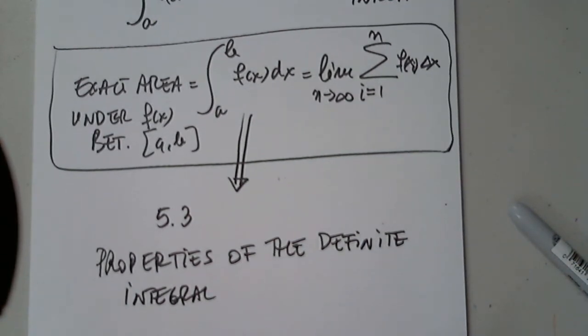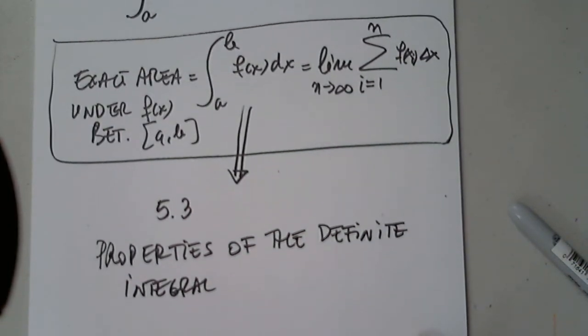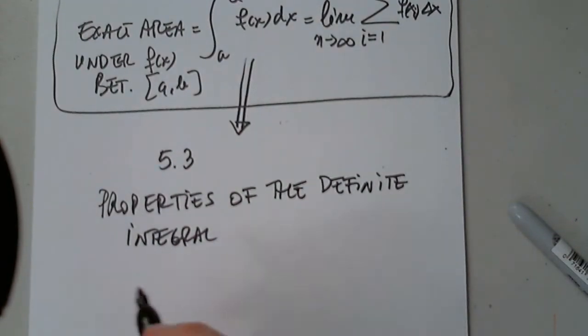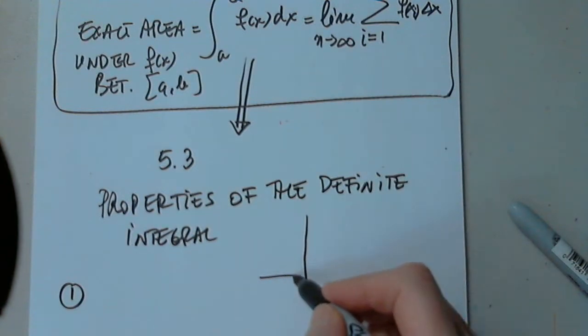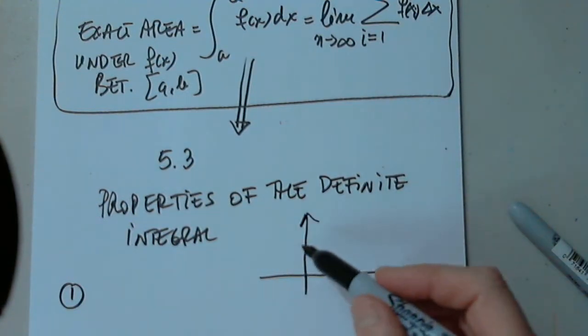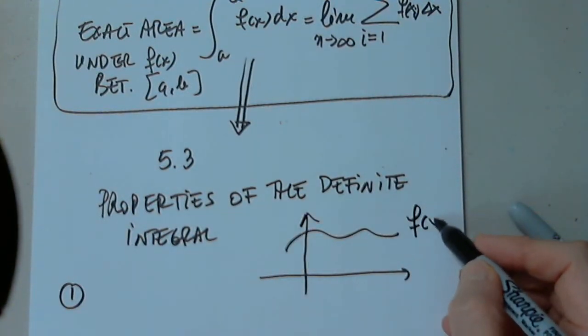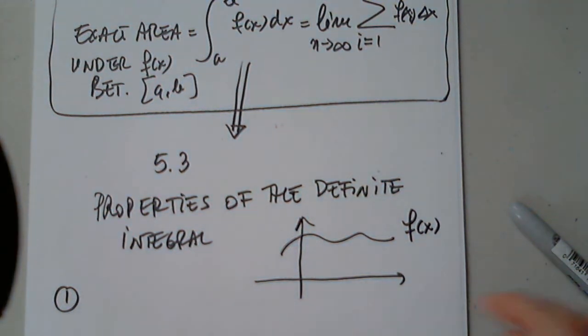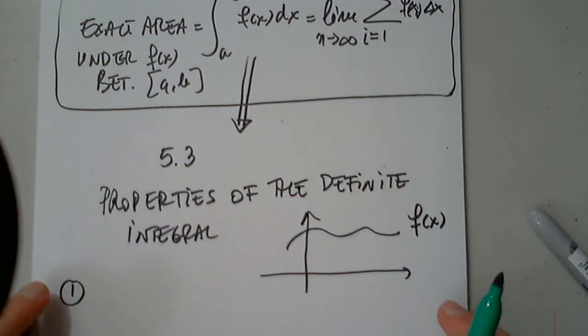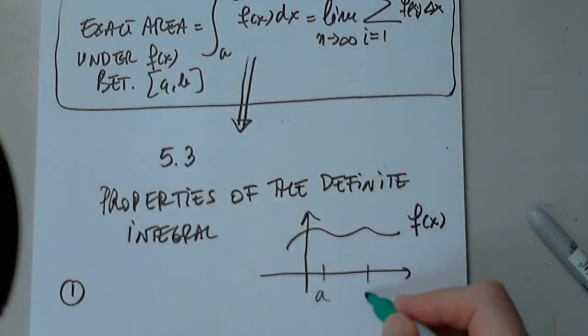The definite integral has several properties that we need to look at. Imagine again that this is our function f of x. Here is, of course, our favorite interval, a comma b.